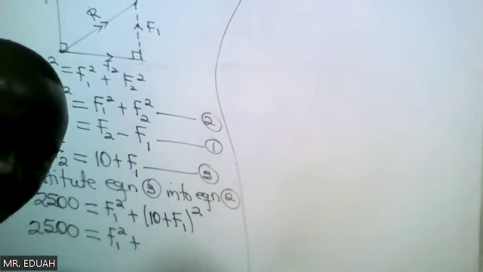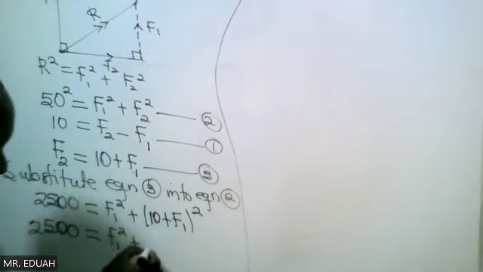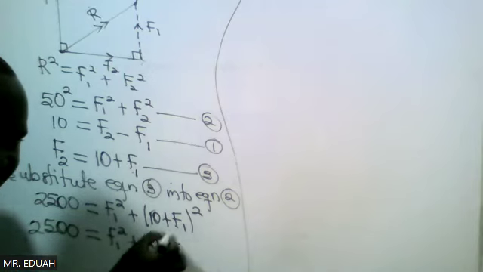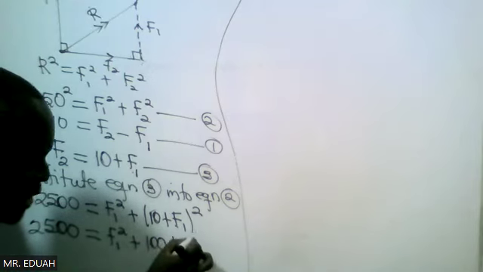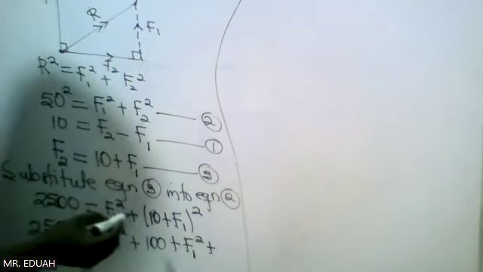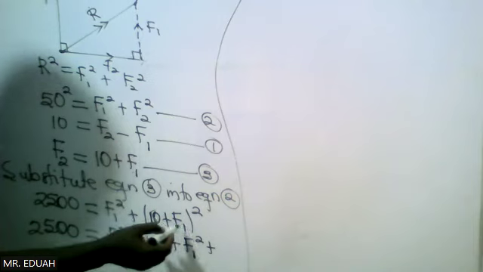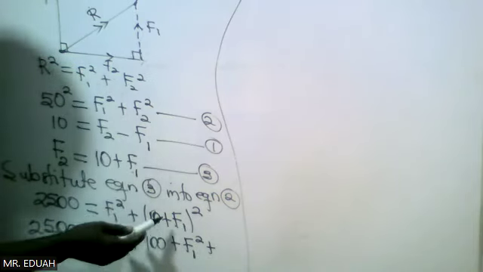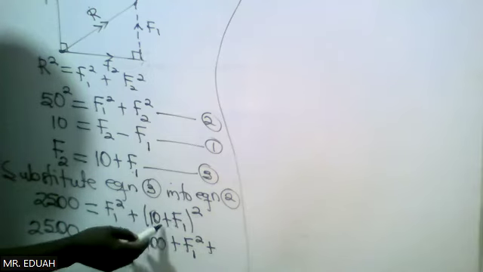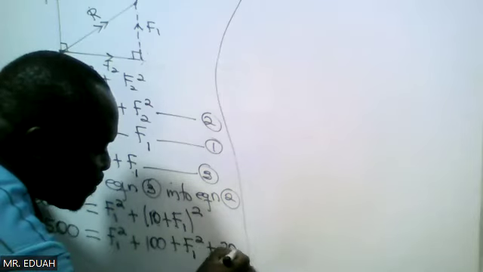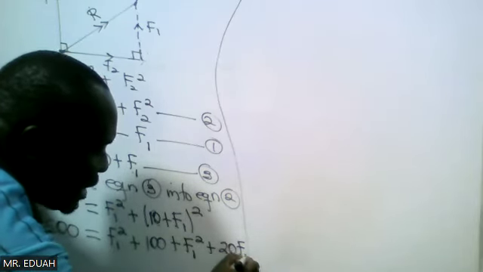The trick is to square the first term: 10 squared is 100, plus square the second term: F1 squared. Then multiply 10 by F1, that will be 10 F1, then multiply that by 2. That will be 20 F1.